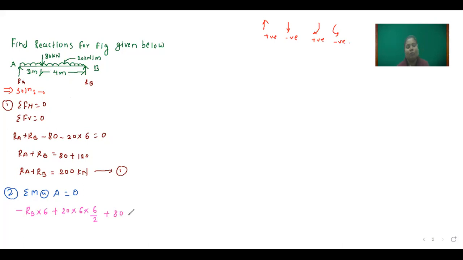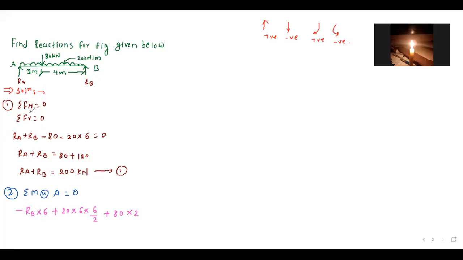So 80 into, tell me, the perpendicular distance for this 80 kilonewton force is how much? 80 into 2. Now you observe that the RA force is there at point A, but the perpendicular distance for RA is how much? 0.